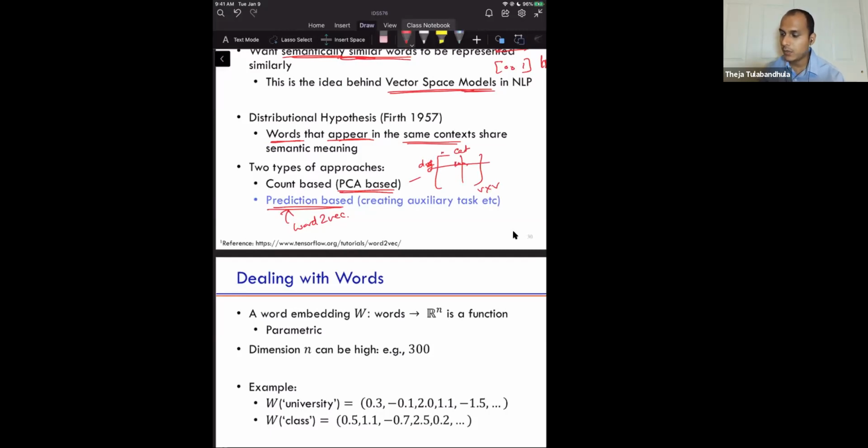And then what you want to do is a matrix factorization.